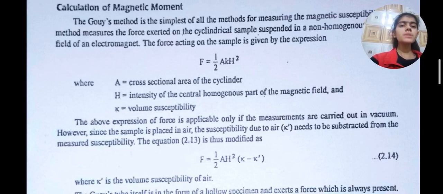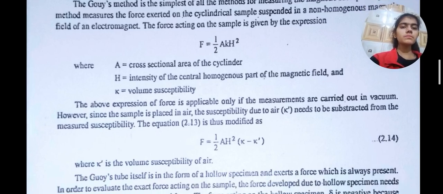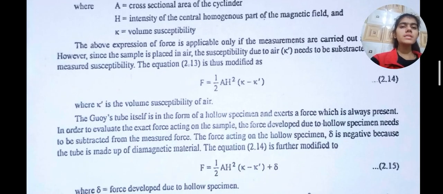The above expression of force is applicable only if the measurements are carried out in vacuum. However, since the sample is placed in air, the susceptibility due to air, that is K', needs to be subtracted from the measured susceptibility, where K' is the volume susceptibility of air.